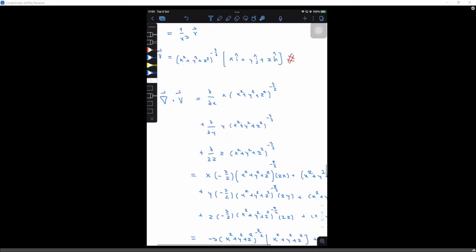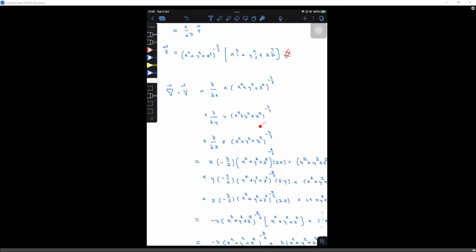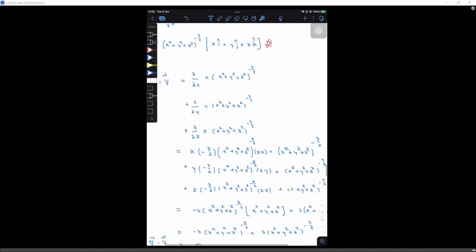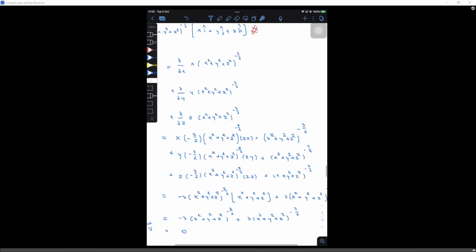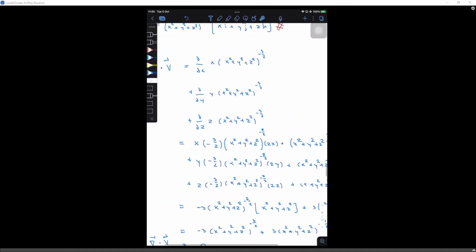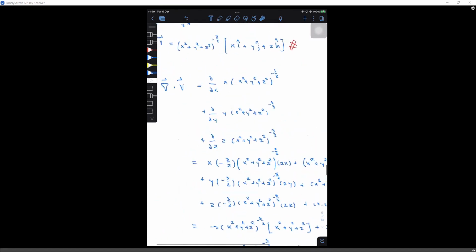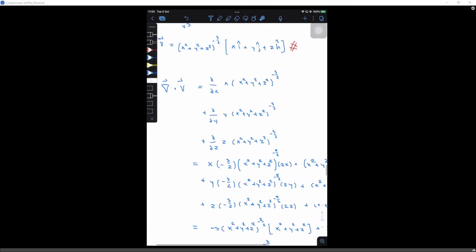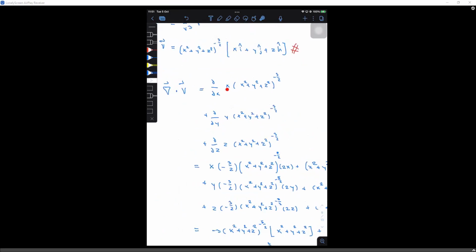This is how the divergence operates on vector v, and it is also a scalar product. So for the divergence, we need to do the derivative of this function, which comes from the divergence operating on v.